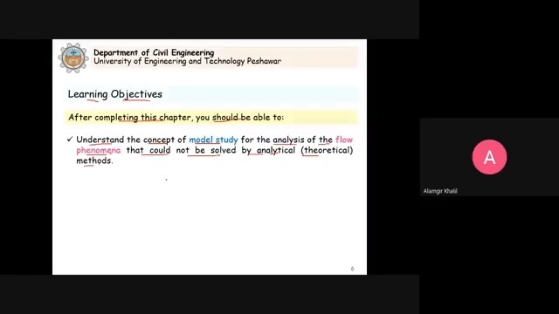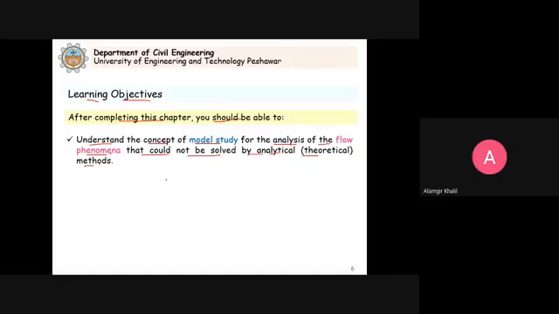And we want to calculate how resistance to the flow occurred when a body is moved through the fluid, for example a train, car, or aeroplane moving through the air, or a submarine or fish moving through the water. How does resistance to the movement occur? So theory alone cannot solve all the problems all the time. That's why we do experiments, and experimentally we study the fluid phenomena in order to understand the concept and do the analysis.